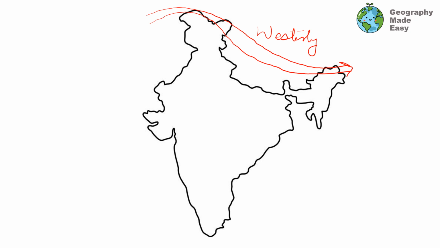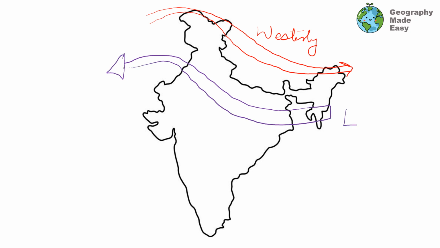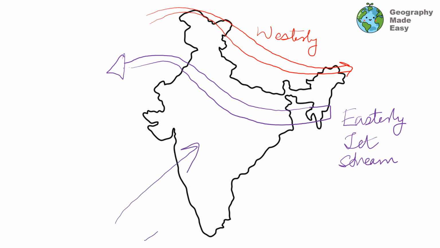What happens in the summer season is that this westerly jet stream gets pushed beyond the Tibetan Plateau, and we see it getting replaced by the easterly jet stream. This easterly jet stream is responsible for bringing in the monsoon winds in this direction.